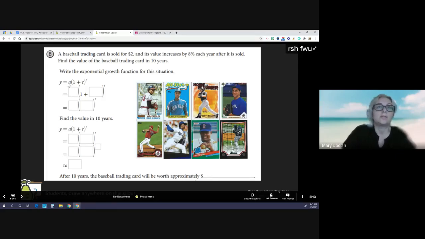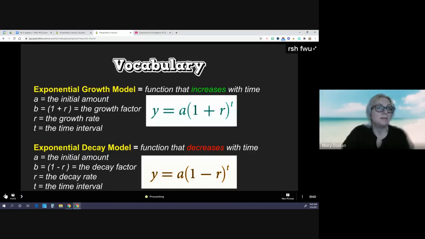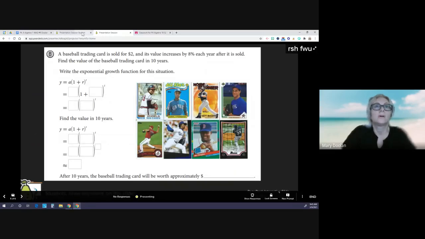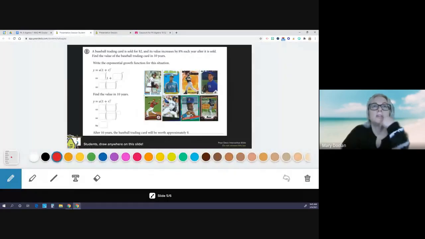All right, so we have to figure out what is a, what is r. A is the initial amount. R is the growth rate. So on your slide, you can draw on this. I'm going to underline some stuff. So our initial amount is here. The baseball trading card is sold for $2.